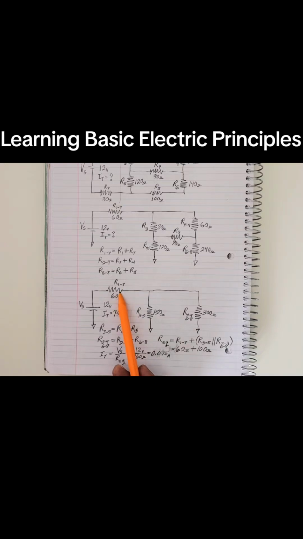You already have it in series with 60 ohms. So we get a total equivalent resistance of 160 ohms. So 12 divided by the equivalent resistance of 160 ohms gives us 0.075 amps, or 75 milliamps.